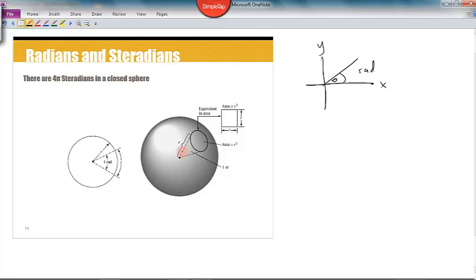And that solid angle is called a steradian. Since the area of a sphere is 4 pi r squared, there are 4 pi steradians in a sphere. So in 1 sphere, there are 4 pi steradians. There are 2 pi radians in a circle. There are 4 pi steradians in a sphere.